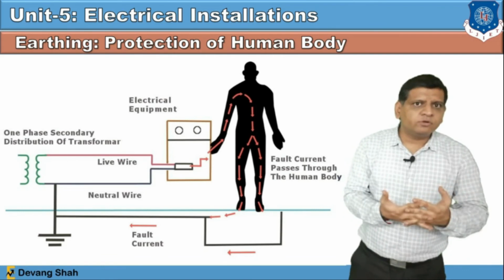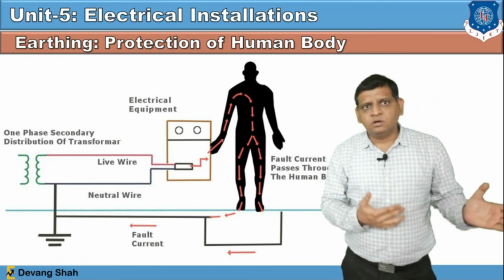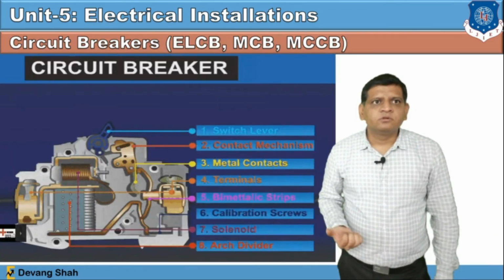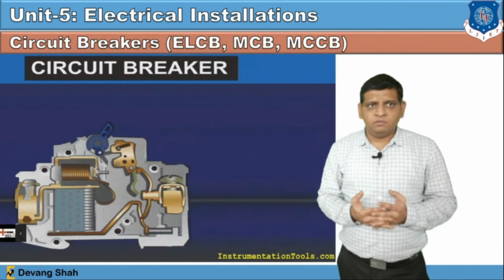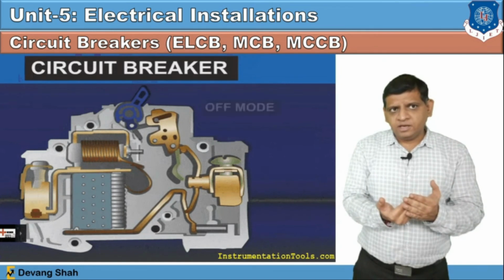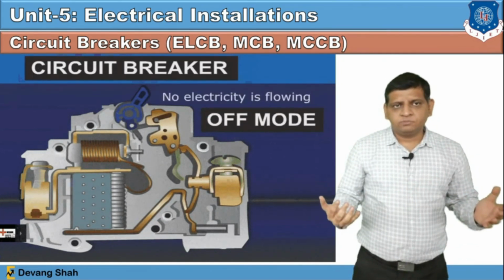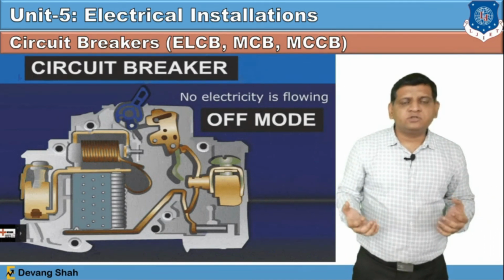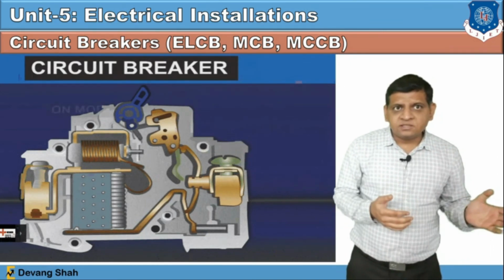So in this condition, to protect the human body, we have to start with learning about earthing. There are two types of earthing. One you can provide by using plate earthing, or pipe earthing. Similarly, even when an earthing system is there, if there is a fluctuation in the voltage, that means there is a fluctuation in the current. So a high value of current flowing in these home appliances gets them damaged.